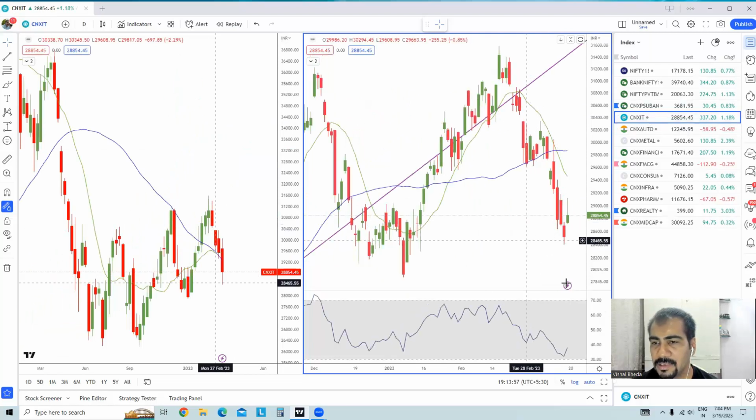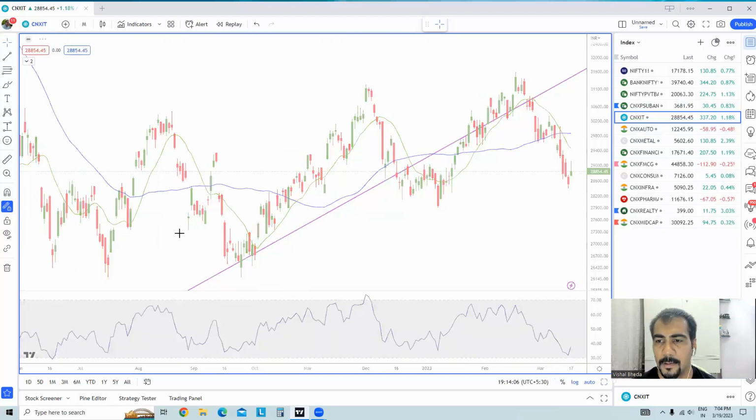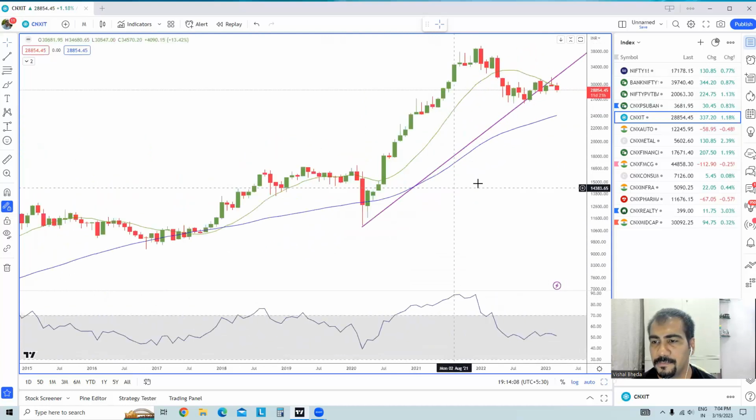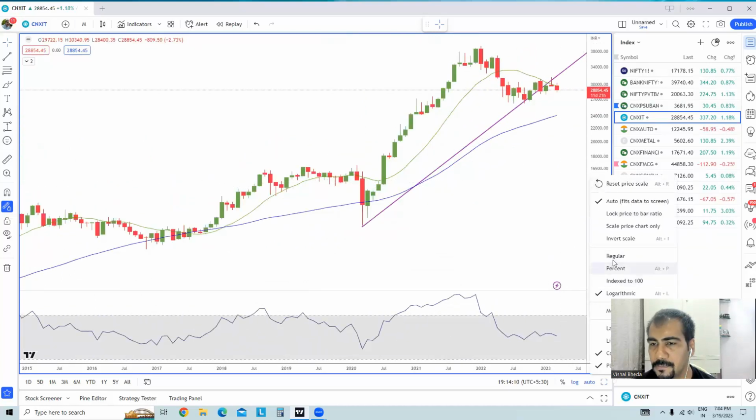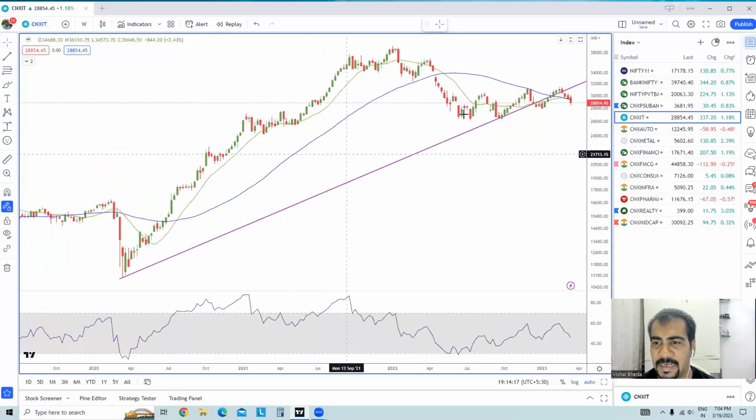IT pack. Now, something really interesting has happened here in the IT pack. We'll have to go to the weekly time frame chart.